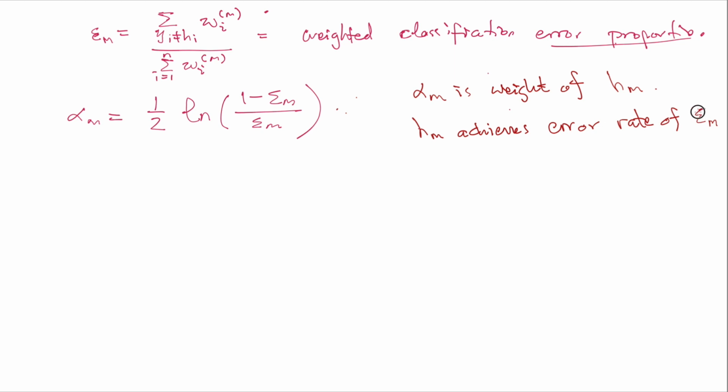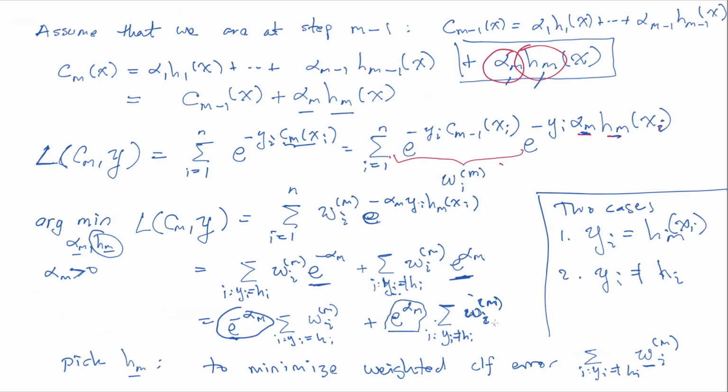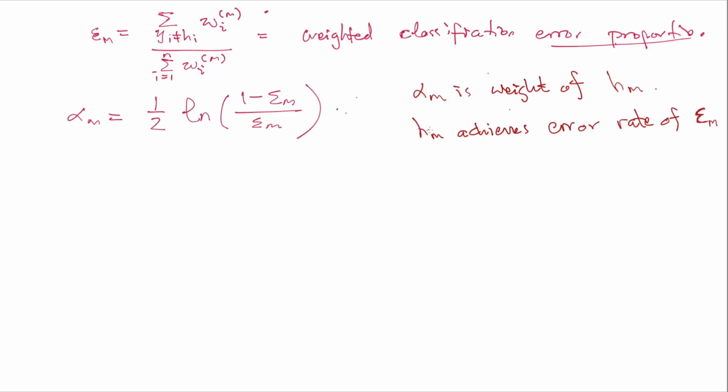Because it's minimizing this thing here, which, if you divide it by the total sum of weights, is the error rate. So if you minimize the error rate, or if you minimize this, it's the same thing, because remember, we can always divide this by some kind of constant. Okay, so hm achieves an error rate of epsilon m, and alpha m is the weight associated to hm.